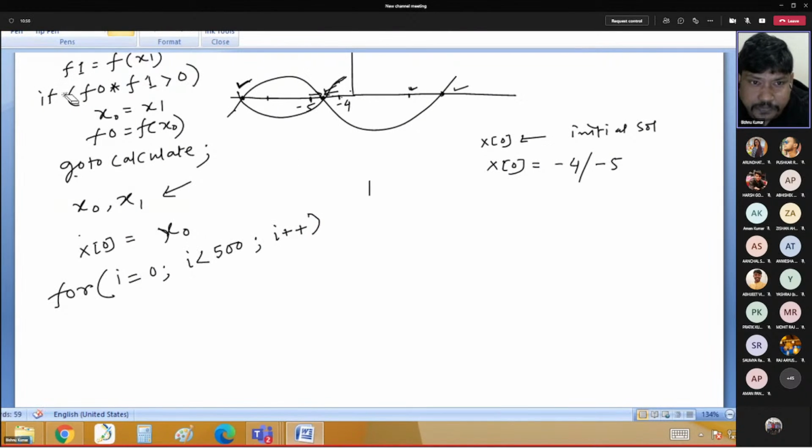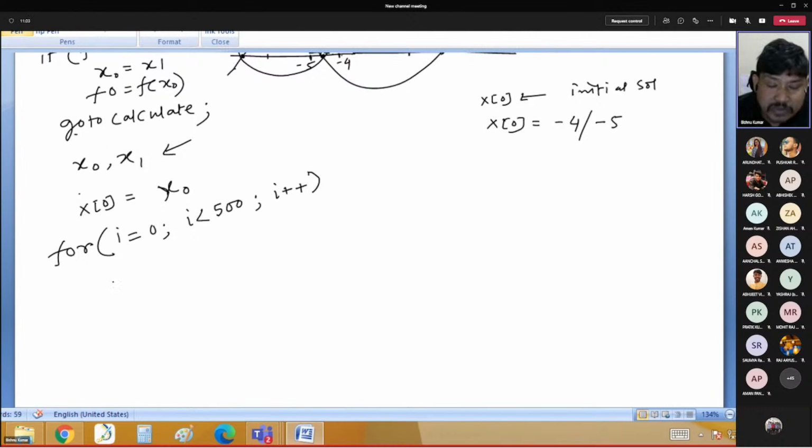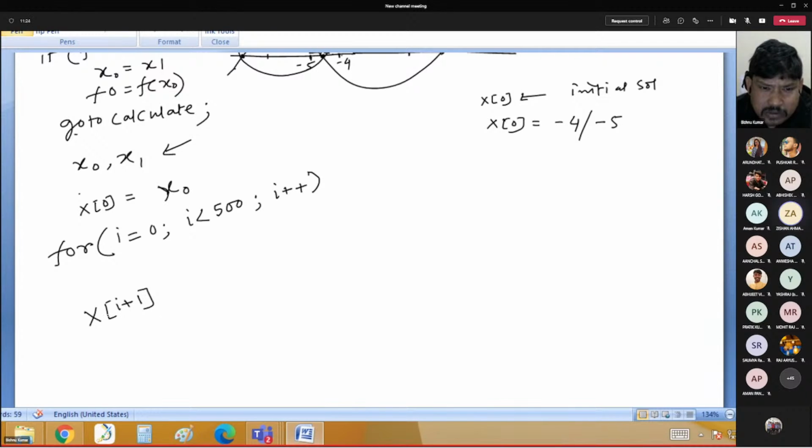Then tell me the formula of the Newton-Raphson method. Sir, x1 equals x0 minus f of x0 divided by f dash of x0. Okay, that is i equals 0 means x1, isn't it? Yes, sir.